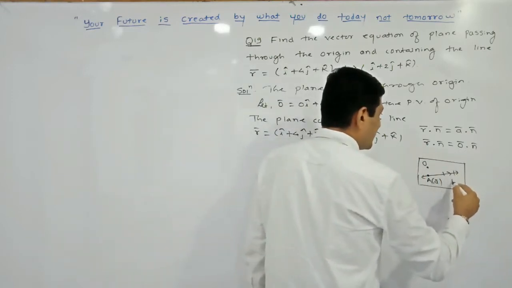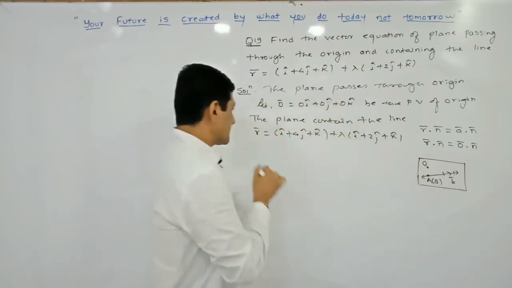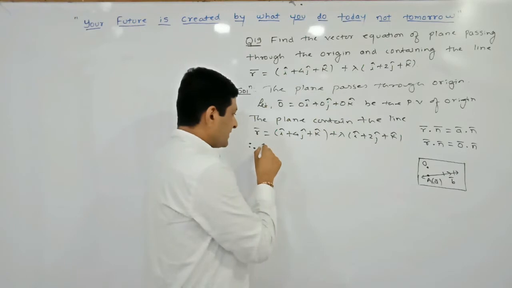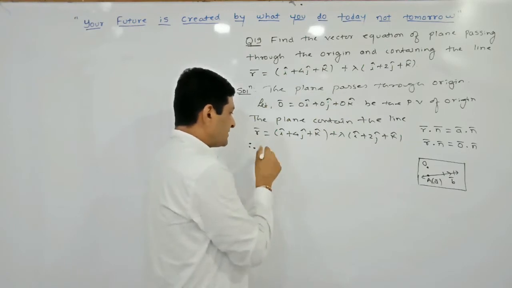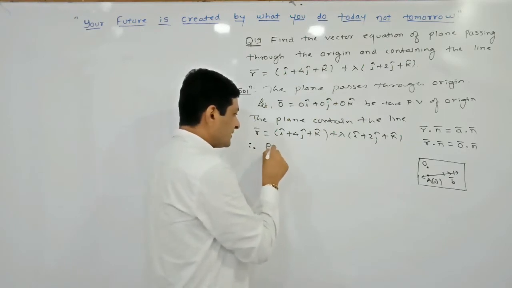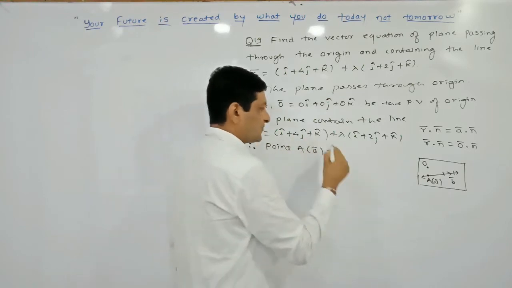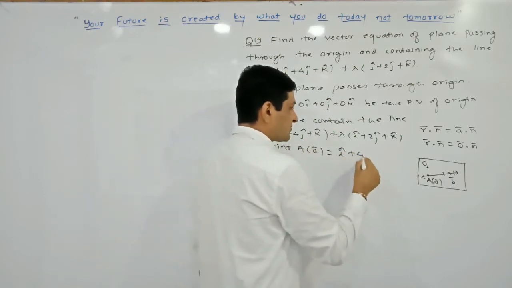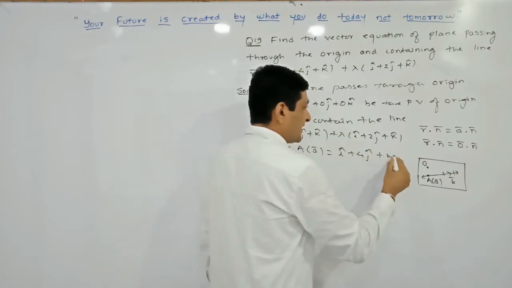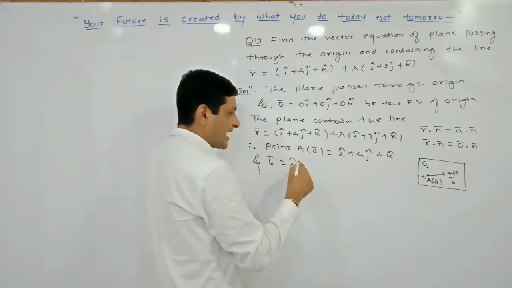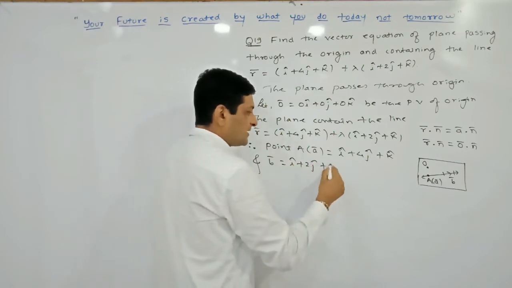B bar is nothing but one vector along the line. Therefore, the point A having position vector a bar is equal to i cap plus 4 j cap plus k cap, and b bar is equal to i cap plus 2 j cap plus k cap.